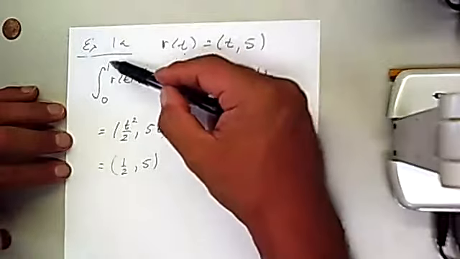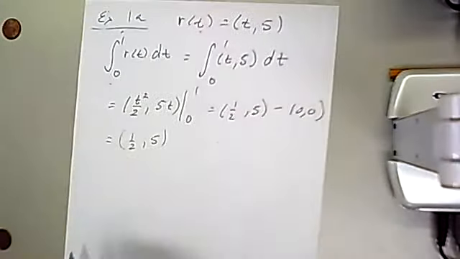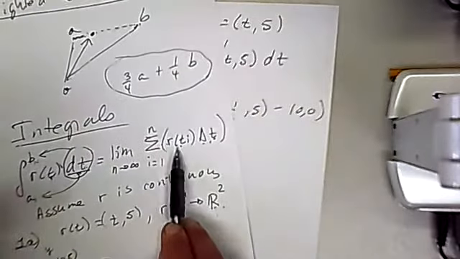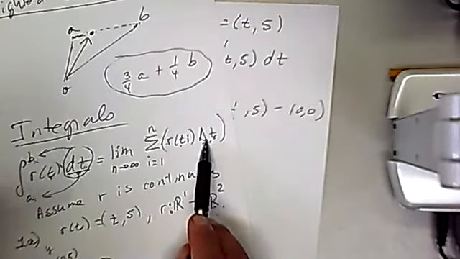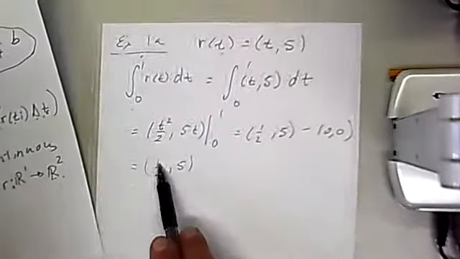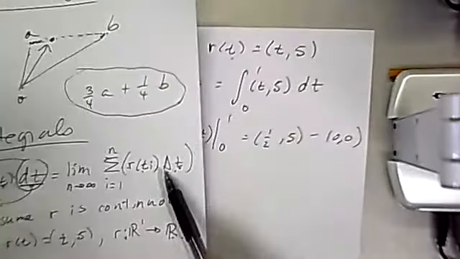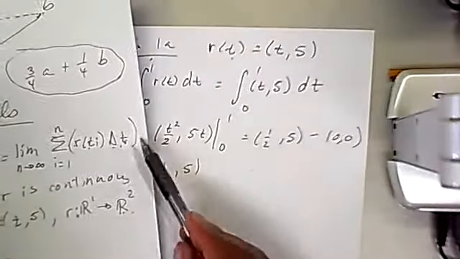It is relevant to notice that we're going from 0 to 1. Going back to the definition, what we are doing is adding a whole bunch of vectors and multiplying by equal lengths. But because we're integrating from 0 to 1, these lengths add up to 1.